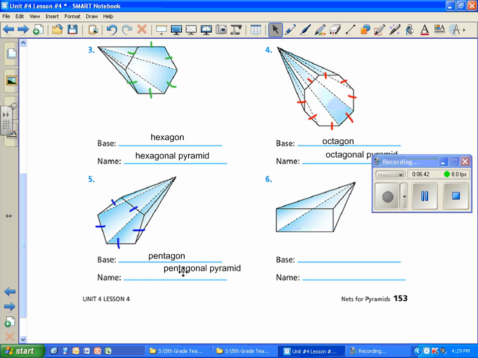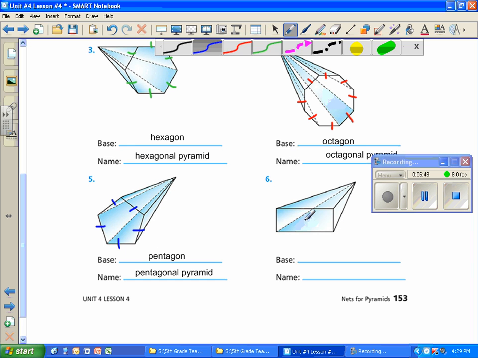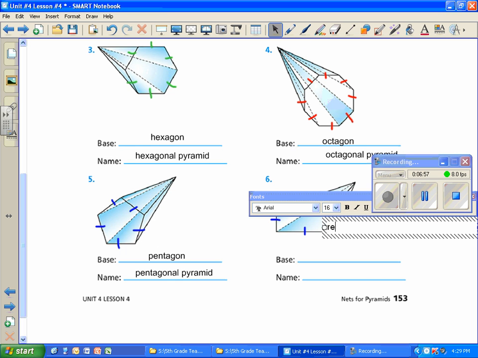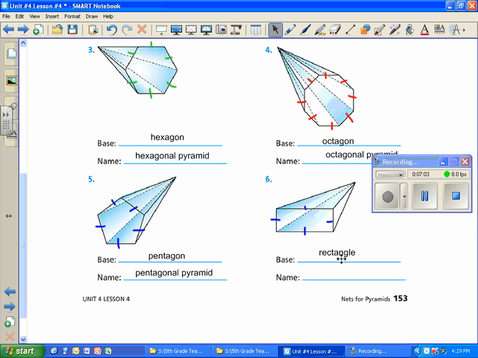And number 6, look at the base, 4 sides, a rectangle. The name of the pyramid then would be called a rectangular pyramid.